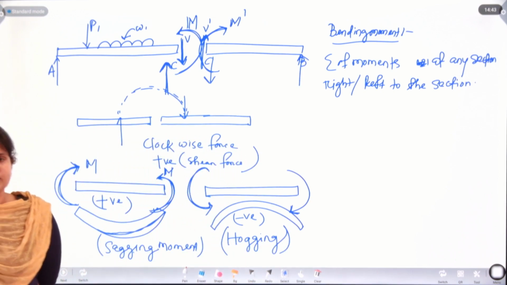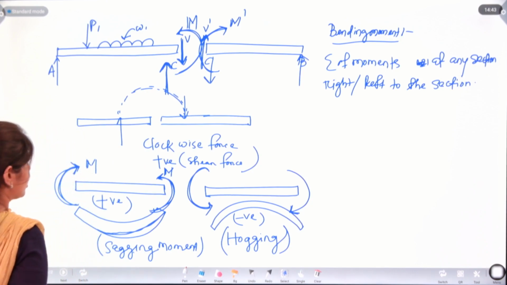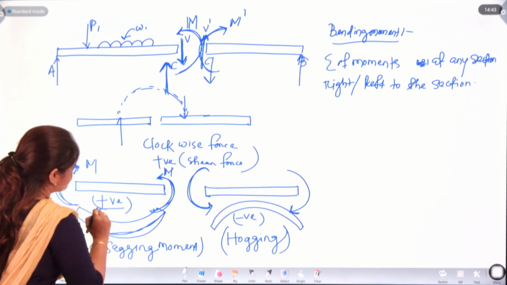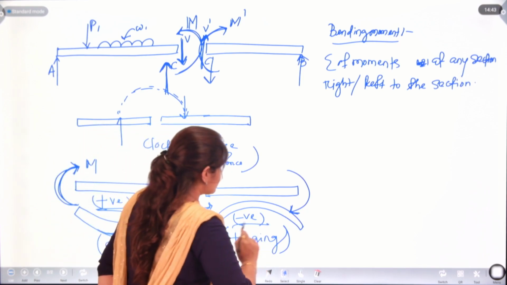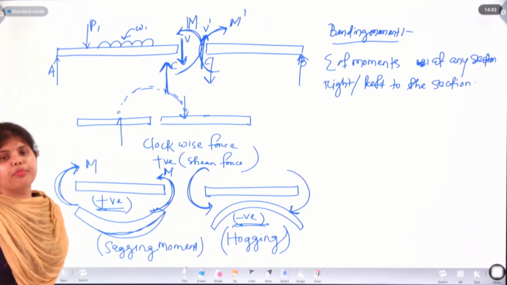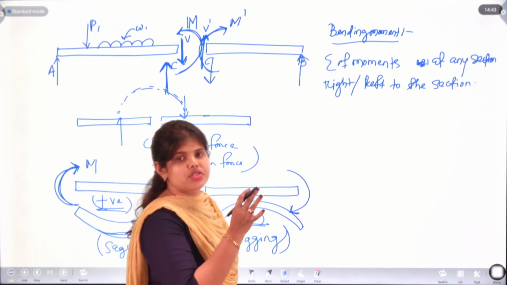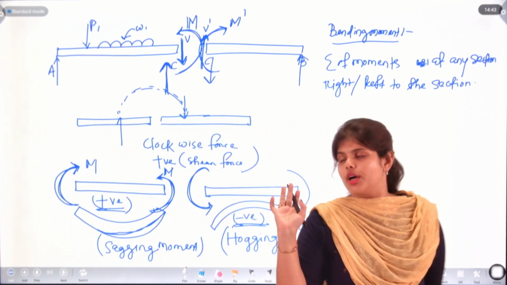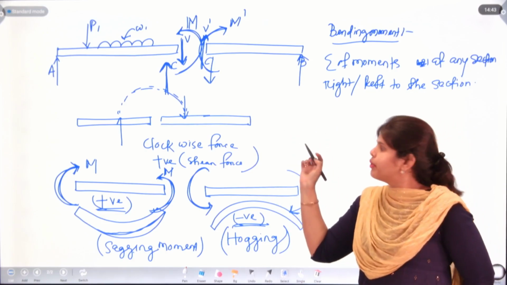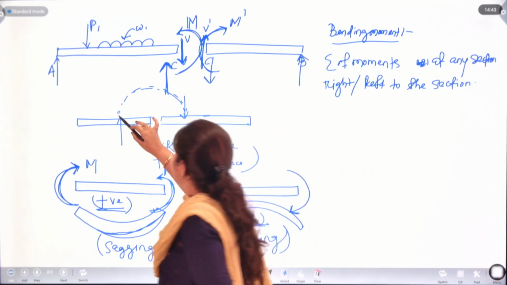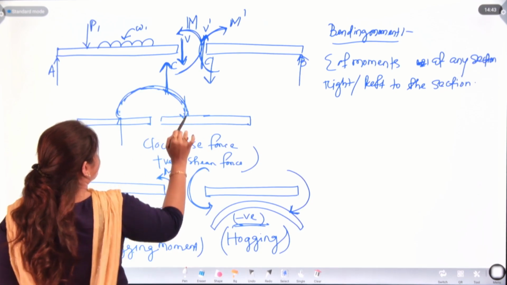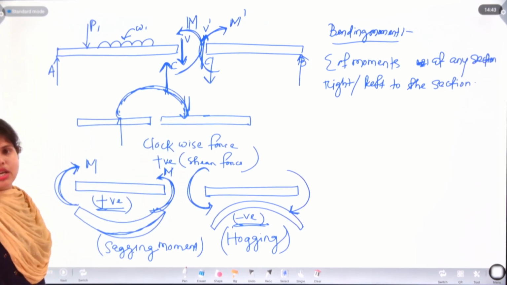Now we know what is sagging and hogging moment, and we know sagging is always positive and hogging means negative. So, here we know the sign convention part of shear force and bending moment. If forces are acting clockwise, then it is positive.